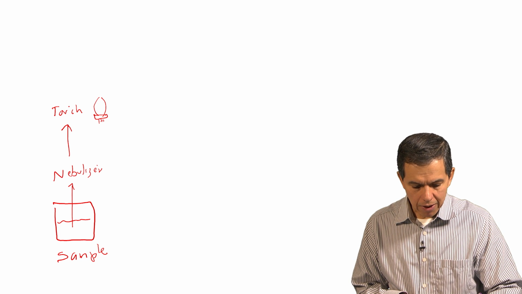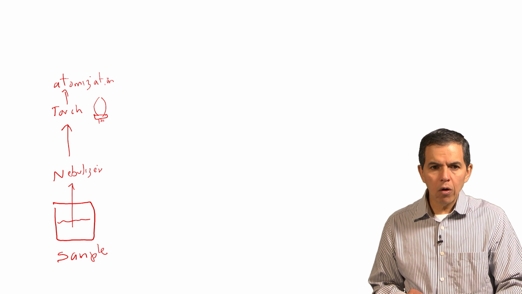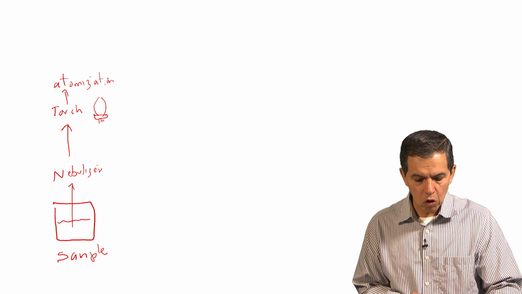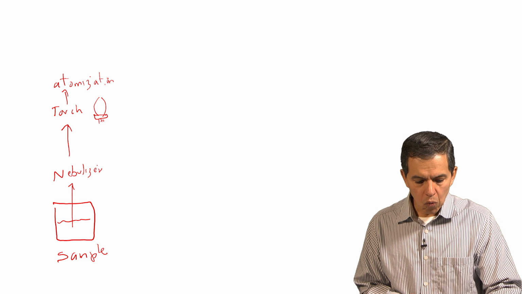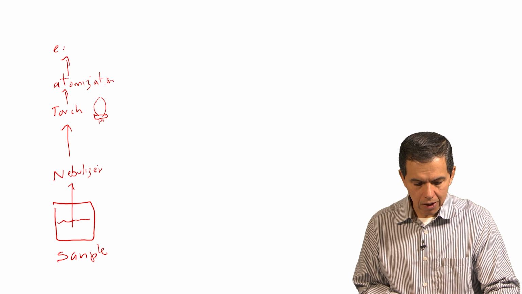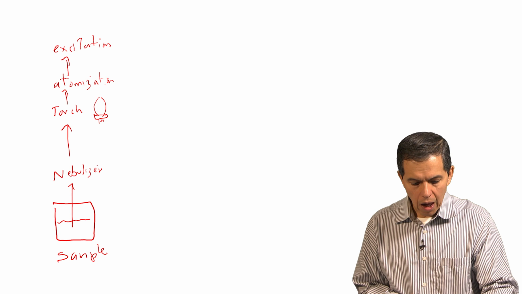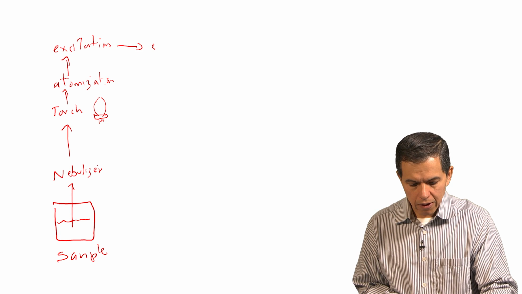And at the same time, in that torch, we're going to have atomization, that reduces all the components in the sample to their atomic state. And when the atoms are produced, the same high temperature will provide excitation, and that will lead to emission of light.